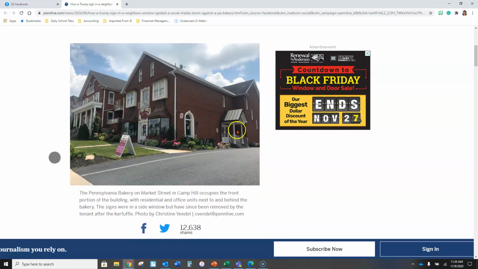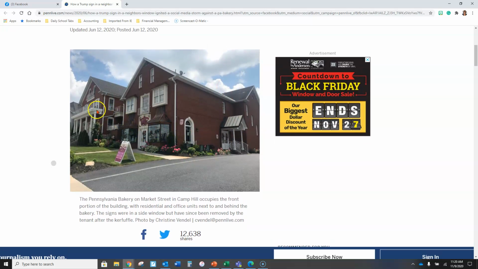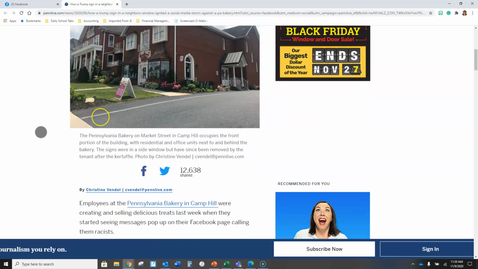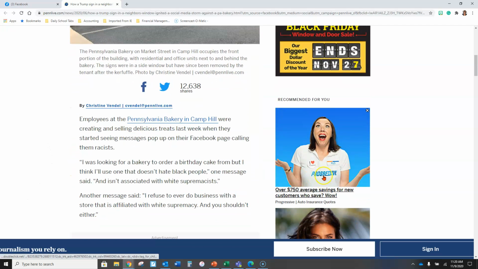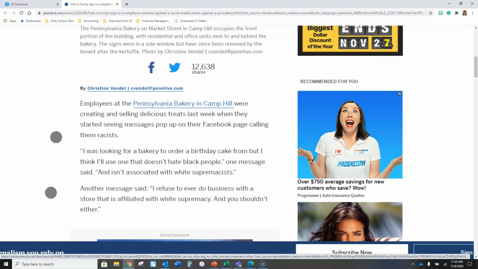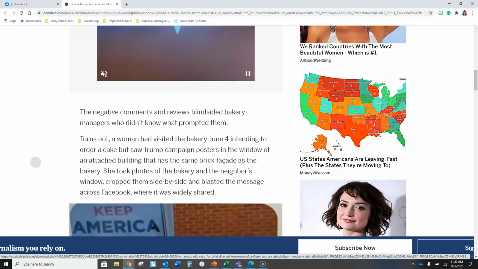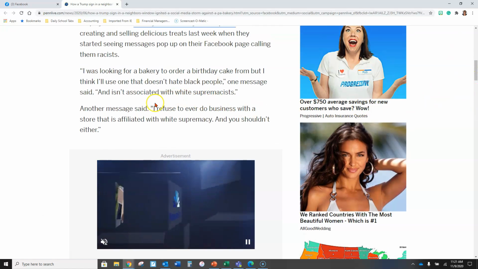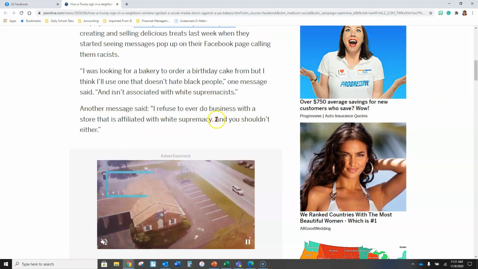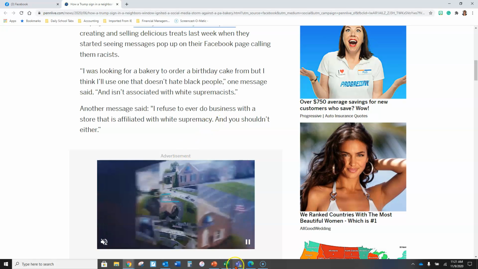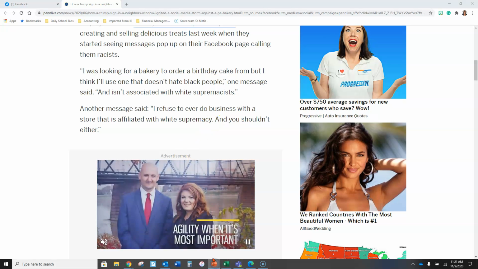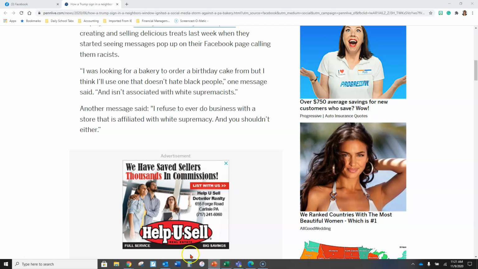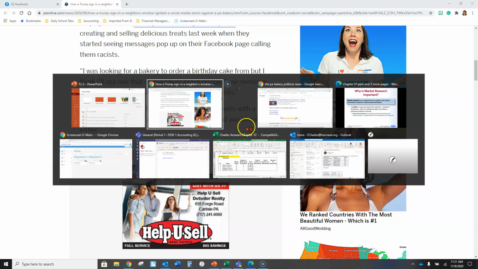I don't know whether it's owned by someone, but they have a tenant over here, and they had a Trump Pence sign in their window, and people were in a brouhaha because they were offended by what was in the window. So as a business owner, you have to be very careful with what your business perceives. So I just wanted to point that out as we look at the political environment.